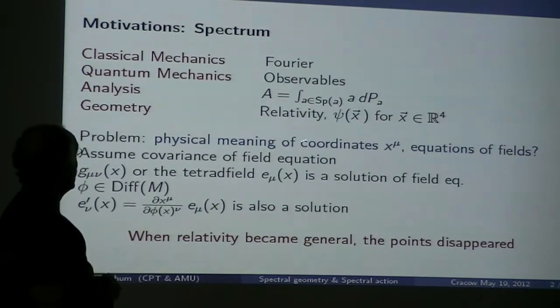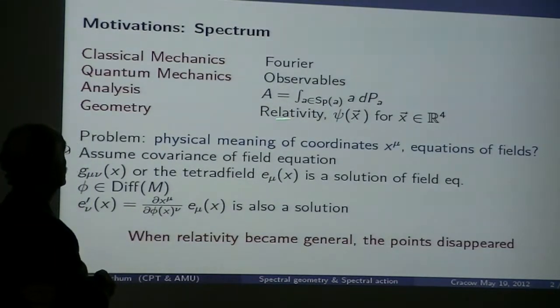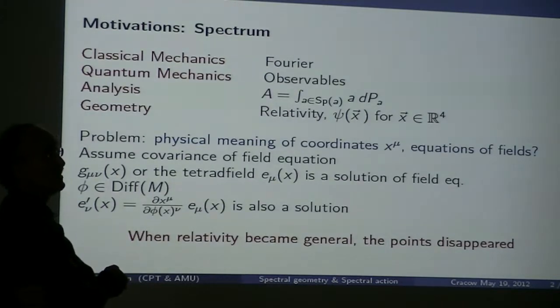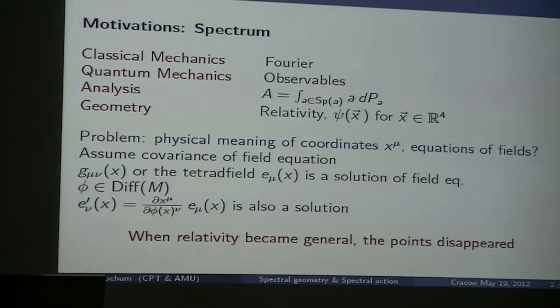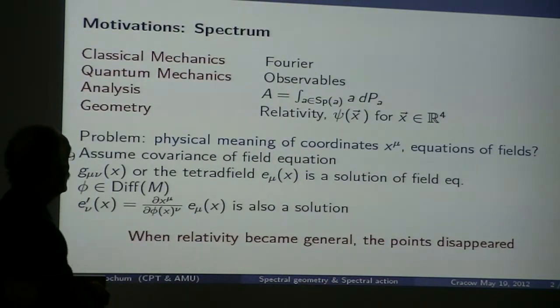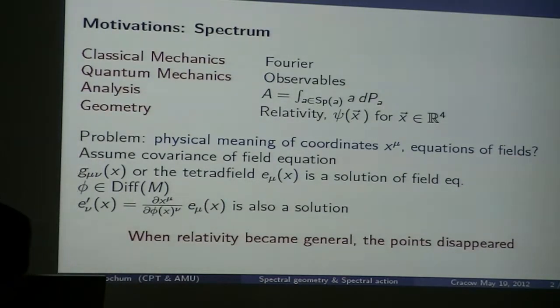But it's also important to see that in geometry you also have this application of the notion of spectrum. Namely, for instance, if you start in relativity, suppose you have a field, let's call it psi of x, x is in R4, okay, and you ask yourself what's the physical meaning of the coordinates x mu or the equation of fields. Then of course you have to assume something like the covariance of the field equation.